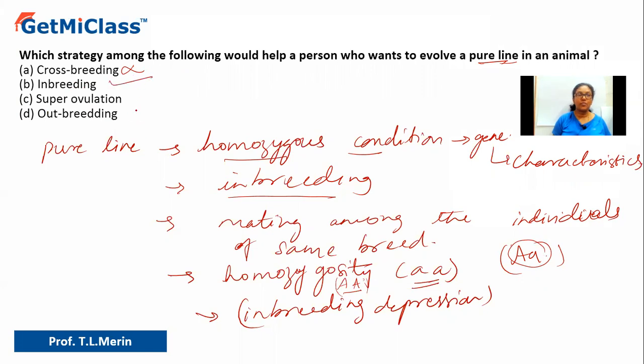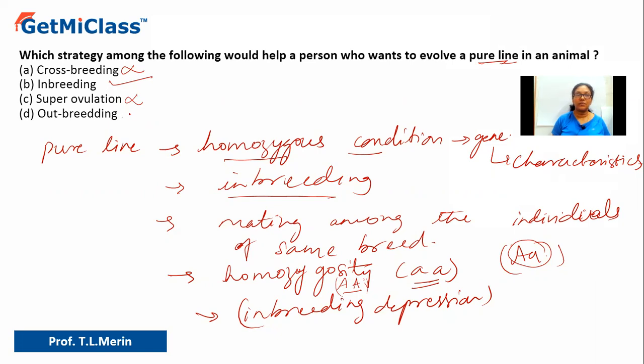Option C says superovulation. Superovulation has nothing to do with the production of pure line. Superovulation is a process by which the cow or the female cattle is induced to produce more number of ova. Here it is nowhere related to the production of pure line. Option D says outbreeding. So what is outbreeding?